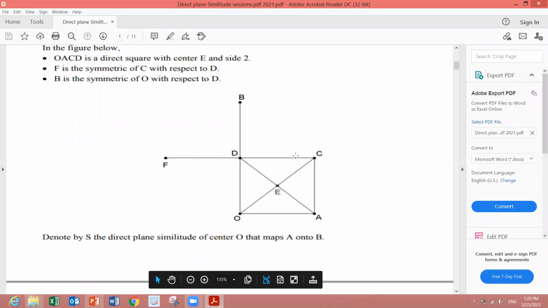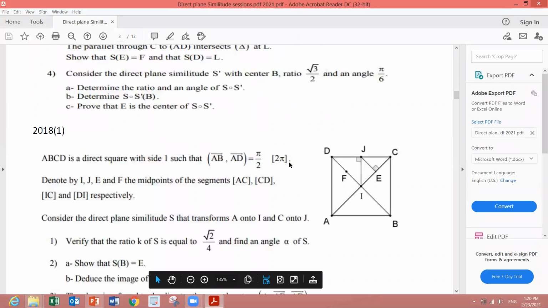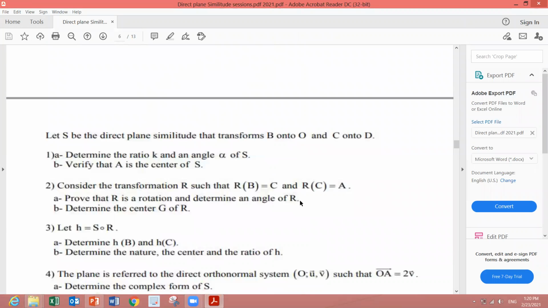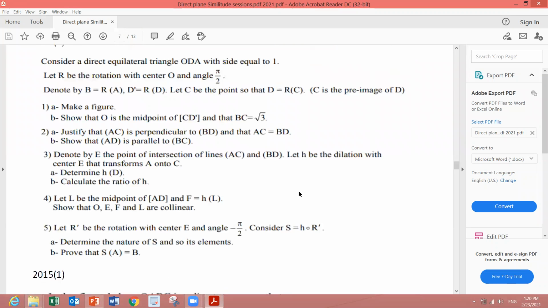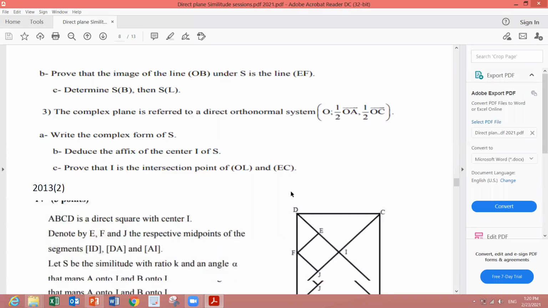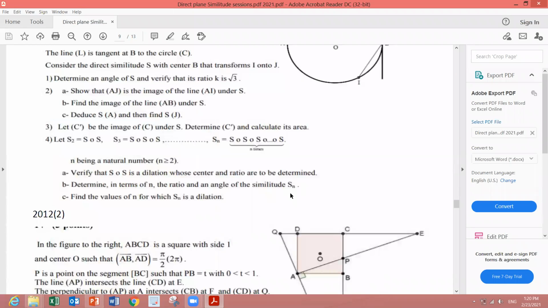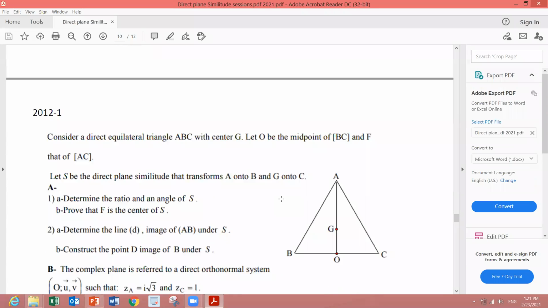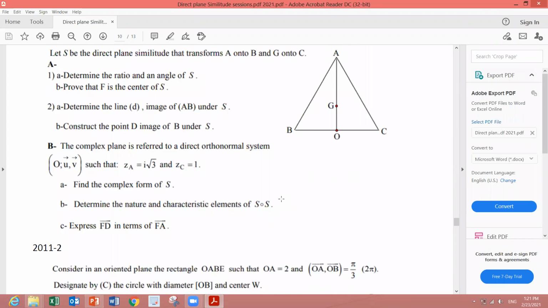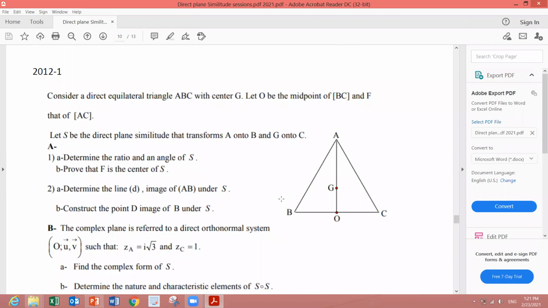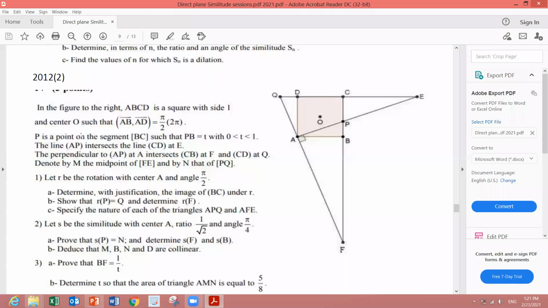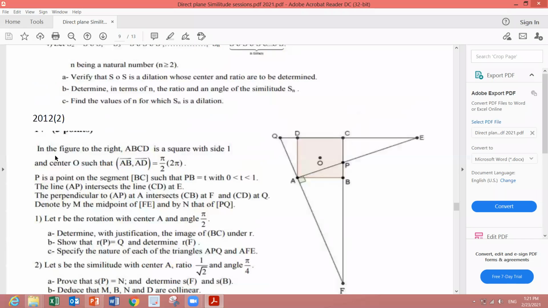Which exercise did we start last time? Christine, finish the problem. Okay, please, this 2012 second chance took a lot of time. I will do 2012 the first chance.